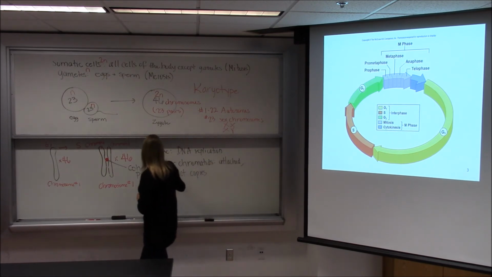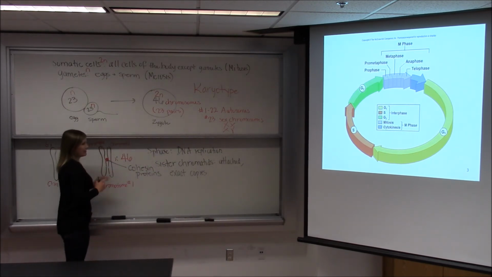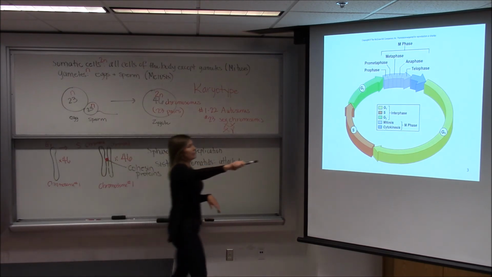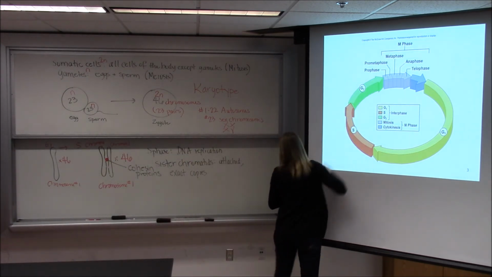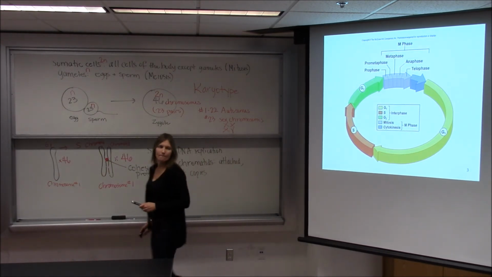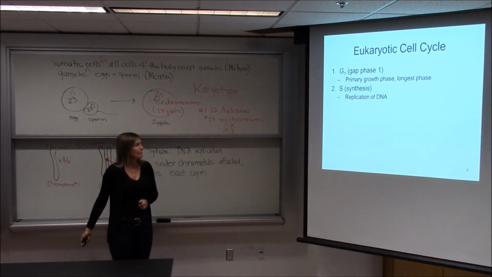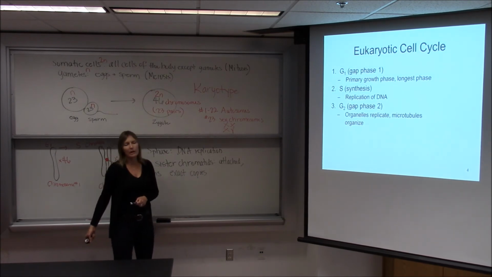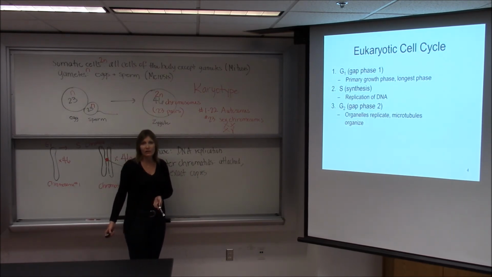Okay, sister chromatids are generated during the S phase. Then we go to the G2 phase. So replication of DNA, G2. We're going to start getting ready for the cell to divide in G2.